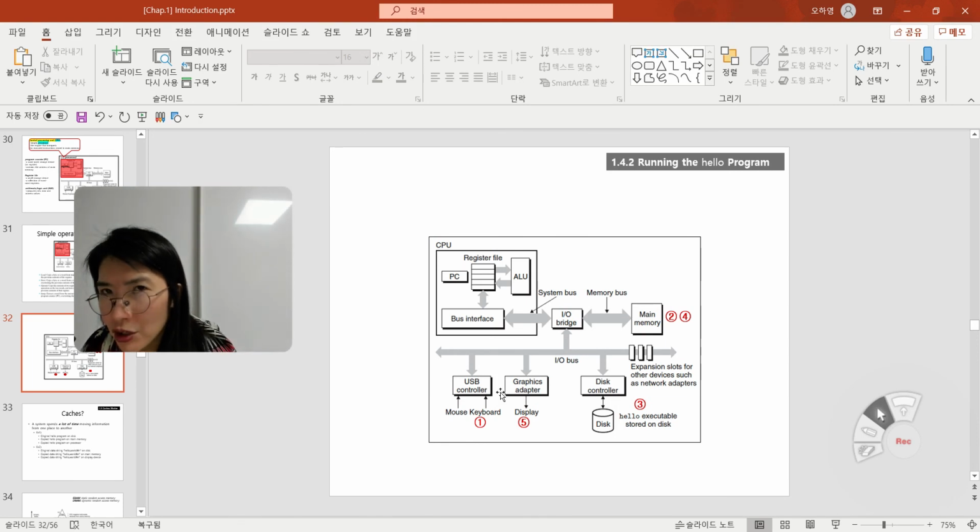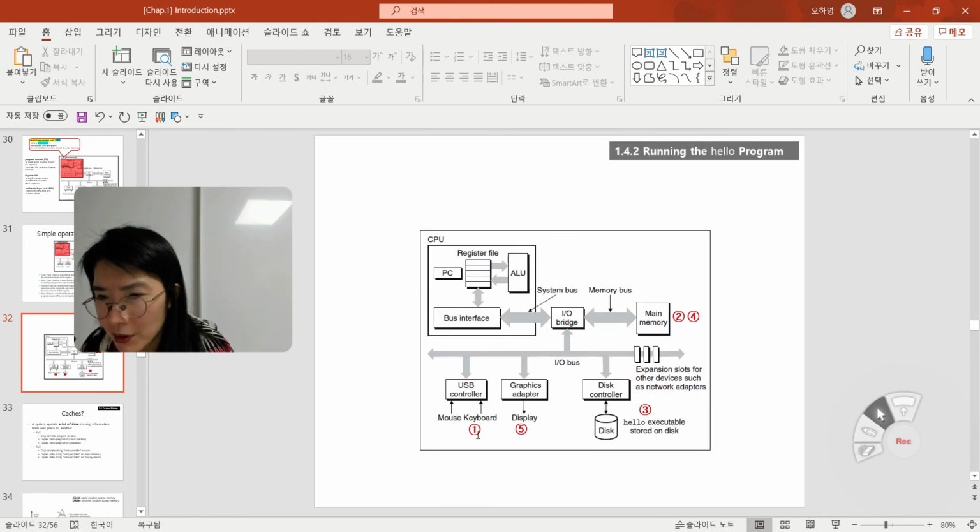So when you check the steps with the same figure from the previous slide, if you type with your own keywords, first the CPU checks for the proper instruction in main memory. If the CPU finds the proper instruction in main memory, it can cooperate with the PC and ALU for quick and efficient computation, right?